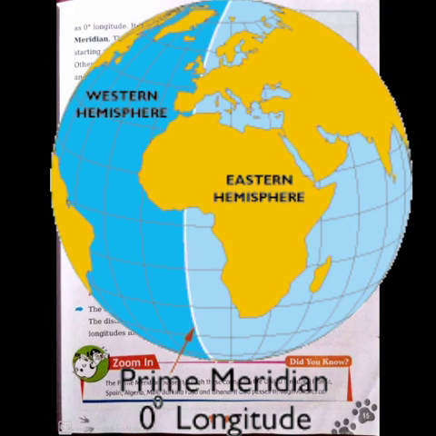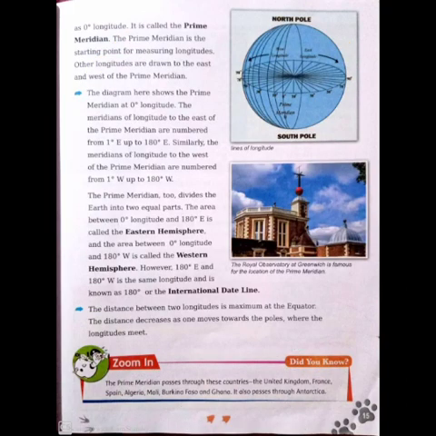However, 180 degree east and 180 degree west is the same longitude and is known as 180 degree or international date line. The distance between two longitudes is maximum at the middle part, which is at the equator. The distance decreases when we move towards the pole where longitudes meet.